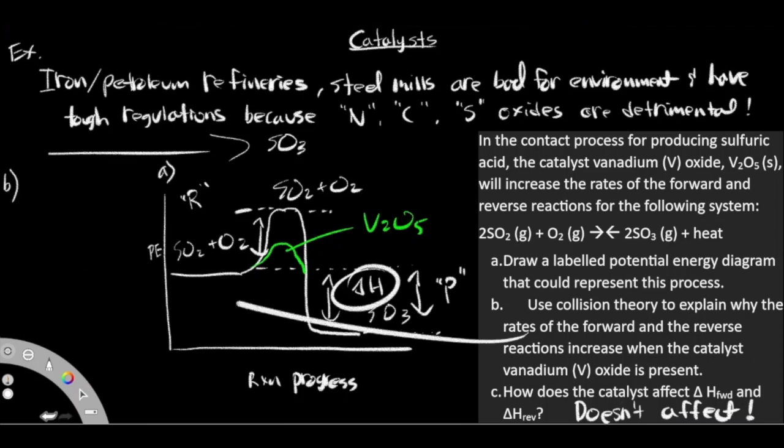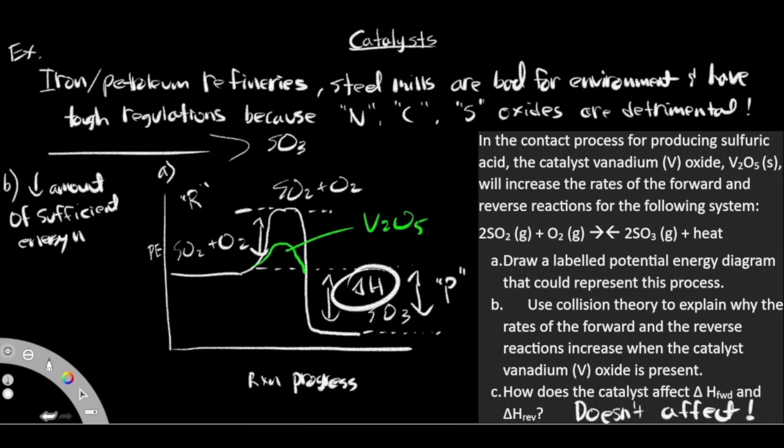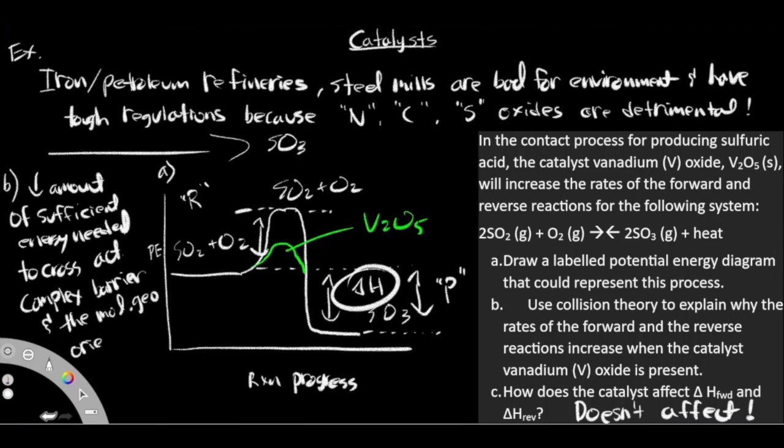Well, remember there would be a decreased amount of sufficient energy needed to cross the activated complex barrier and the molecular geometry orientation. Remember, both of these must be met in order for the reaction to proceed.